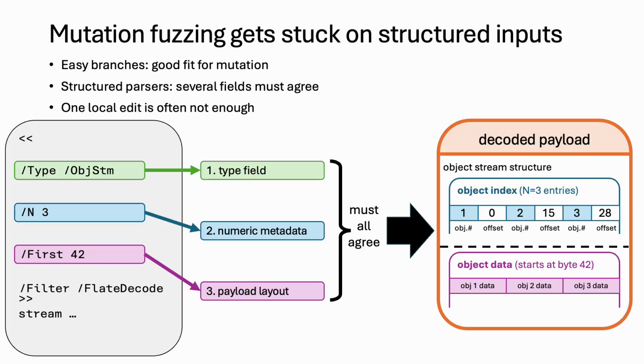And after this conditional, there might be many edges that the fuzzer would otherwise really want to find to increase coverage. But if it's behind this structured parser conditional, then it's very unlikely to be able to get past it.